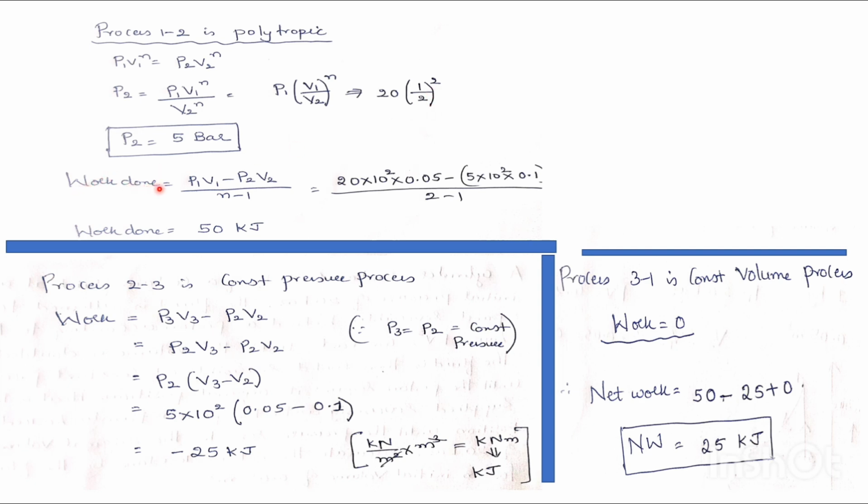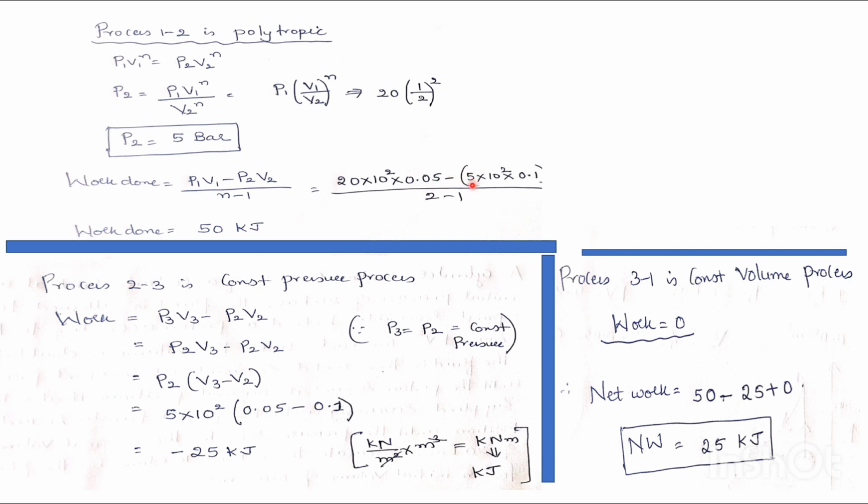Now the work done. This is the formula to calculate the work done during a polytropic process: (P1V1 − P2V2) divided by (n − 1). P1 is given in bar, so I will convert this bar into kilonewton per meter square. This will be 20 × 10² kN/m² × volume V1, 0.05 m³, minus P2.